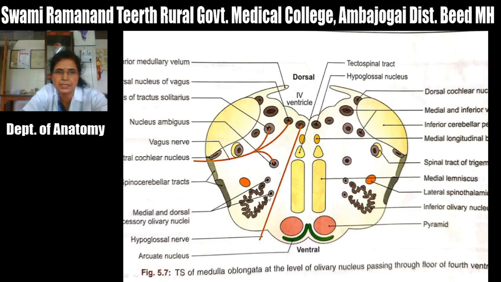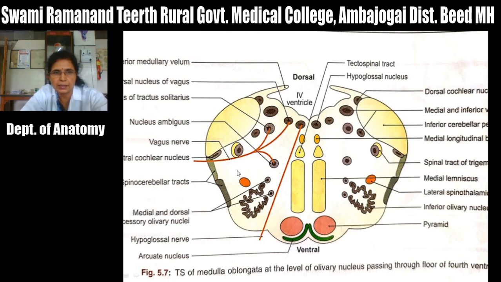So efferents of the principal inferior olivary nucleus are called climbing fibers, which terminate in the cerebellum. The efferents of the accessory nuclei form the parolivocerebellar fibers, and they enter the contralateral inferior cerebellar peduncle and terminate in the cerebellum.